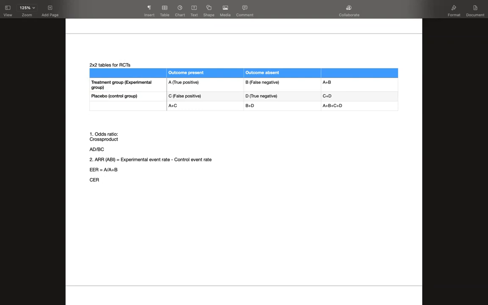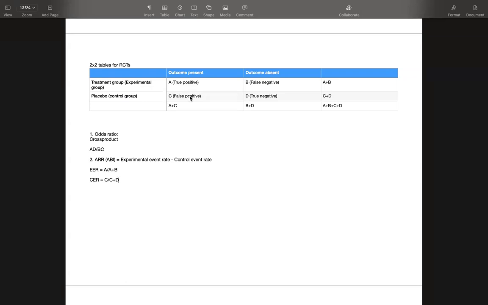Similarly, out of all the controls, how many showed the event? So it would be C by C plus D. This is the total number of the control group, and this is the total number of the experimental group.